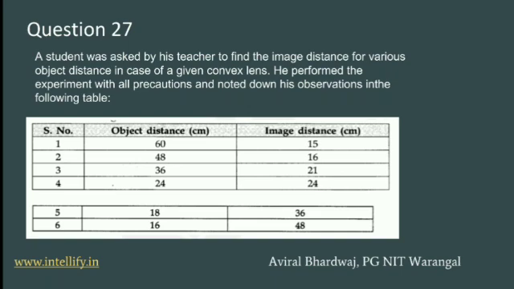A student was asked by his teacher to find the image distance for various object distances in the case of a given convex lens. He performed the experiment with all precautions and noted down his observations in the following table. We put the object at different distances and find the image at different distances in centimeters.